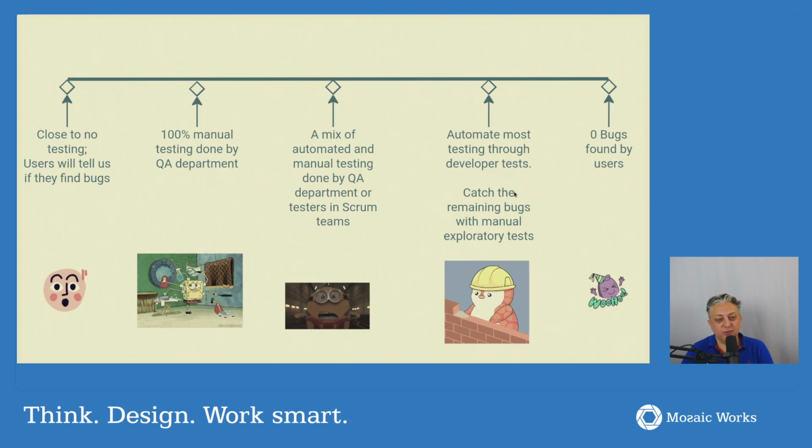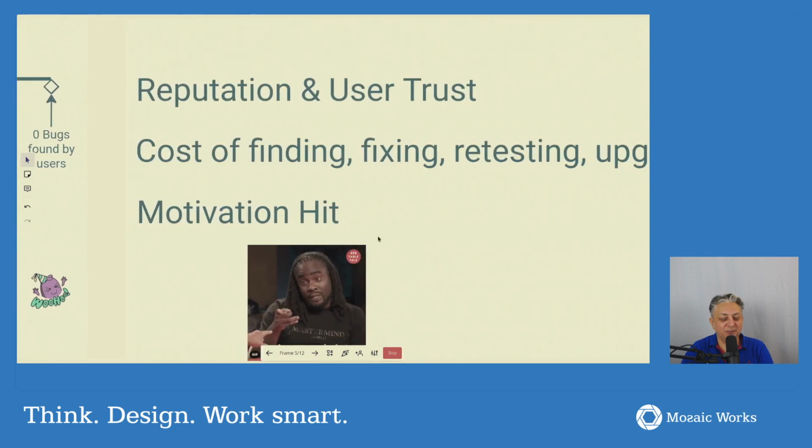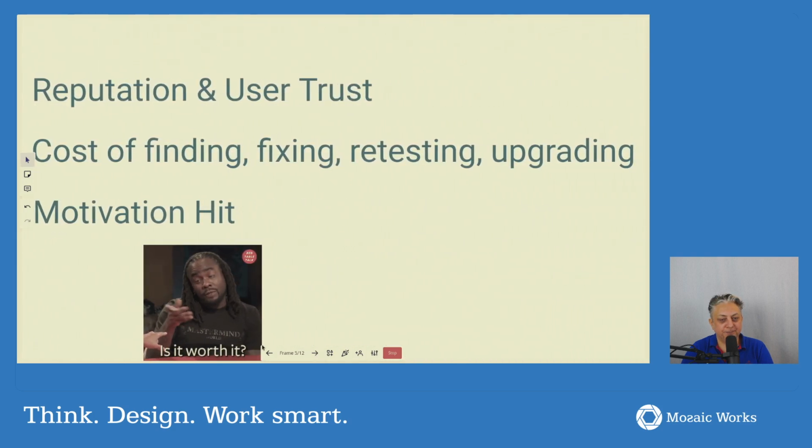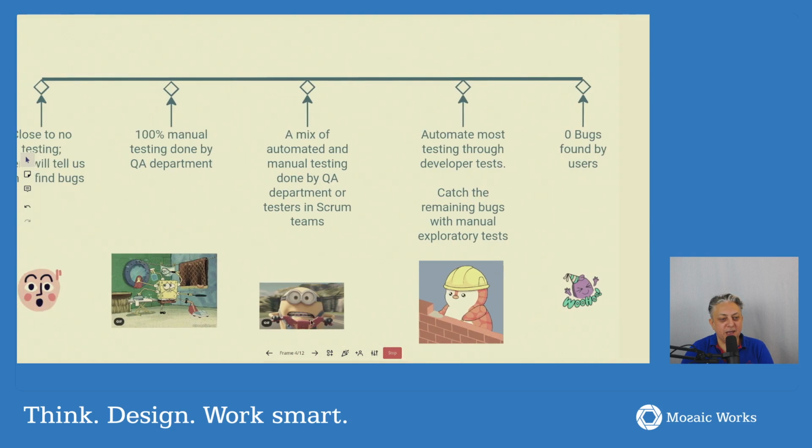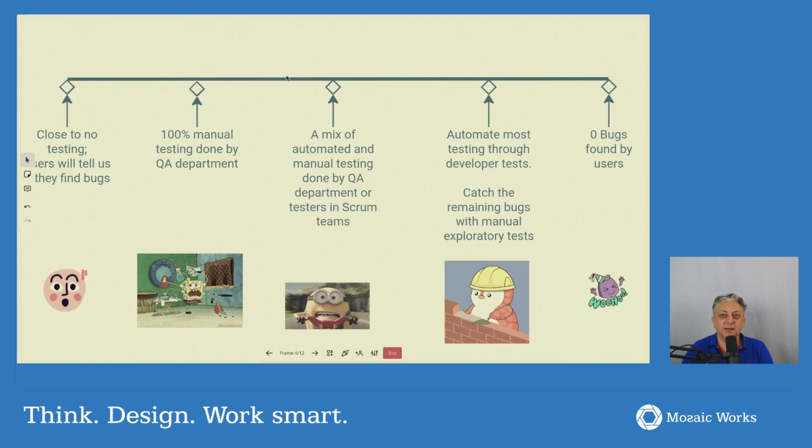So it's up to you where you want to be on this line. And when I say up to you, it's probably up to your managers. But each of these is actually a valid approach in various scenarios. Like you might have 100% manual testing done by a QA department. Well, I don't like QA departments, but still, there might be a valid solution for specific products.